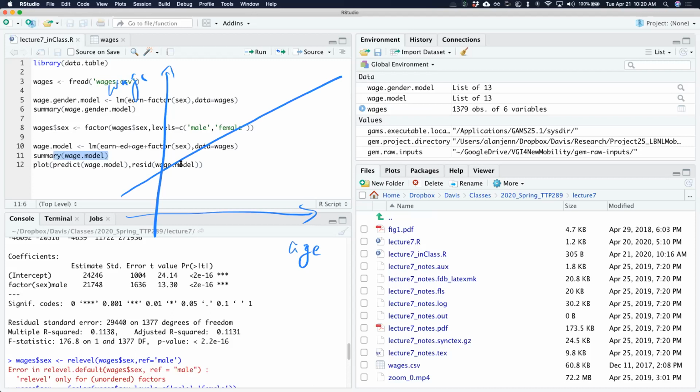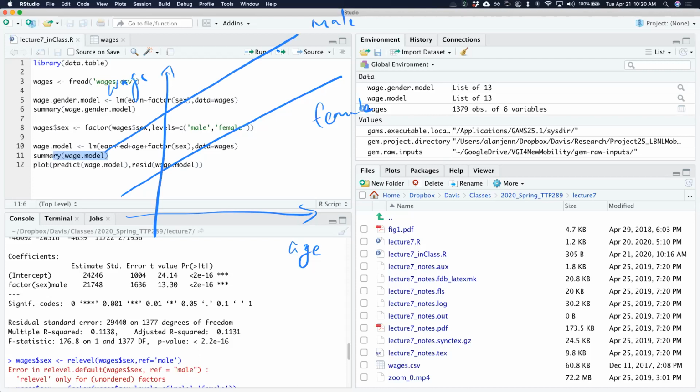Now, as you throw in the factor, you are essentially creating a new intercept point. And so where we had a flat horizontal line before, now you have two lines that might look something more like this. So you have female and male.